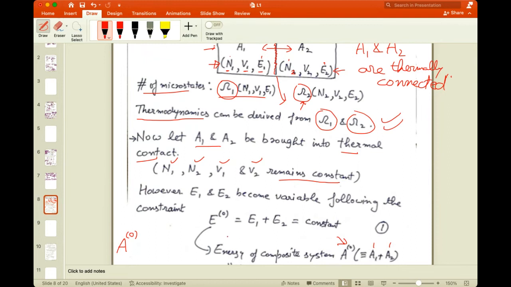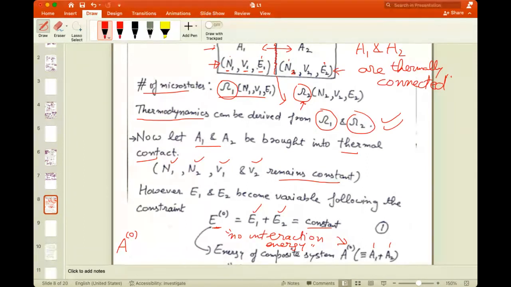And again, as I said last time, I am not allowing any interaction energy, for simplicity. So although E1 can change and E2 can change, the sum is not going to change. So this is going to be a constant. These are the conditions for this system.